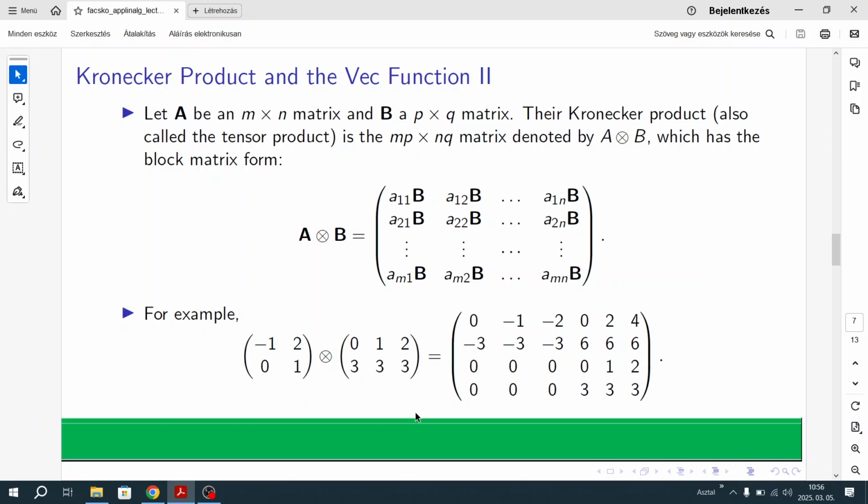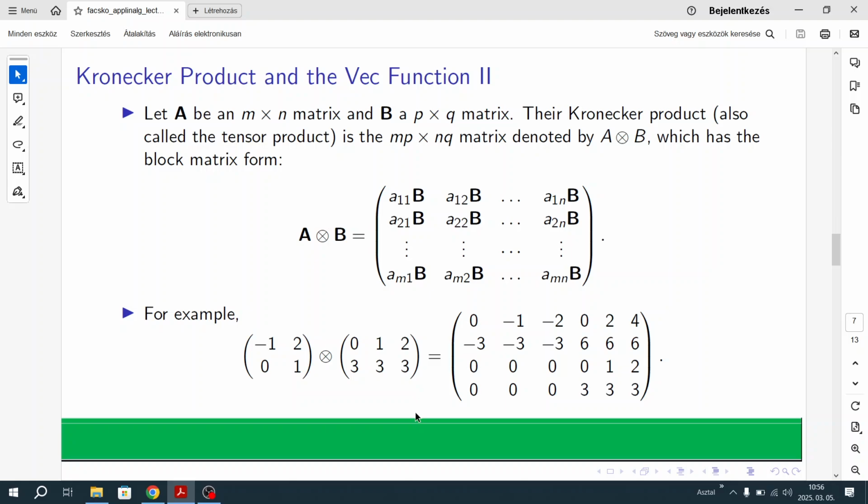It also has another name, the tensor product. You have a matrix of size m times n, and another matrix of size p times q, and the new matrix size will be m times p by n times q. So what does it mean?